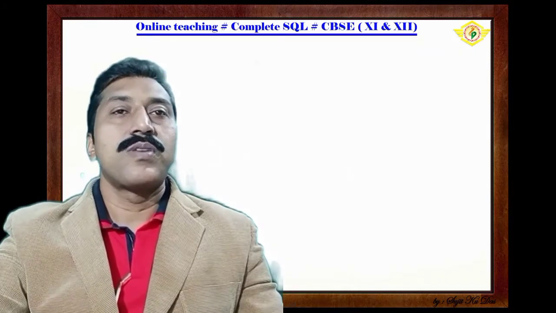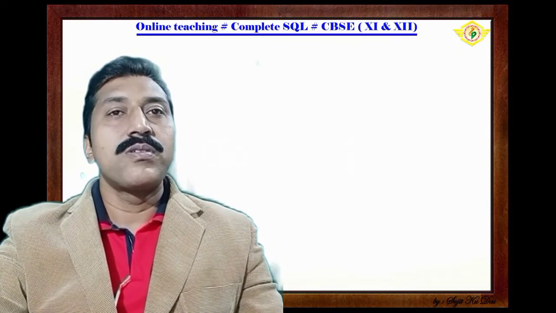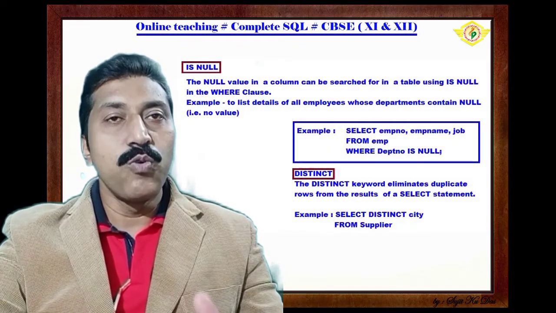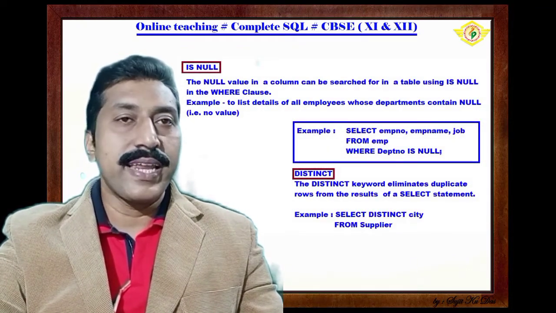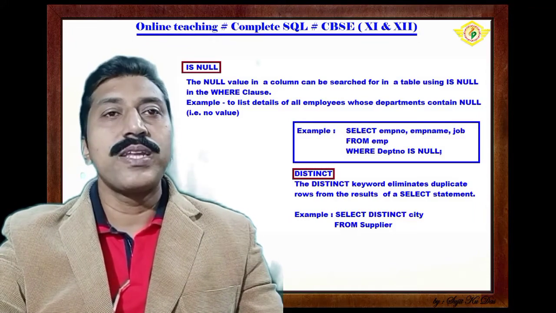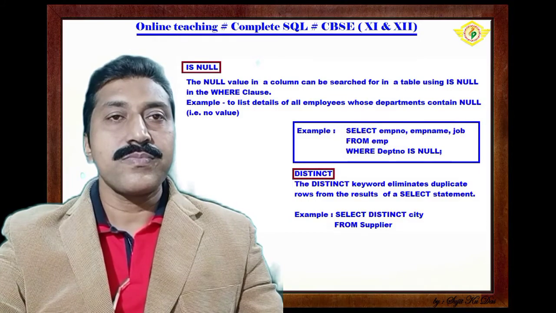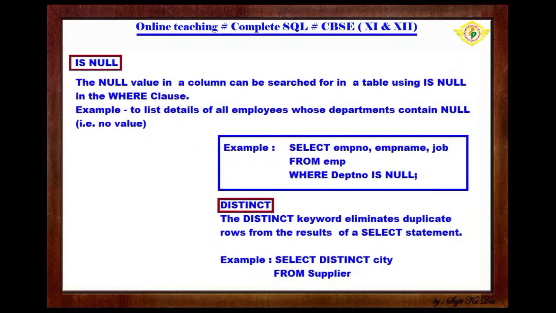Okay. Now we'll discuss two more topics, which are special operators: one is NULL and the other is DISTINCT. So IS NULL: a null value in a column can be searched for in a table using the NULL keyword with the WHERE clause.